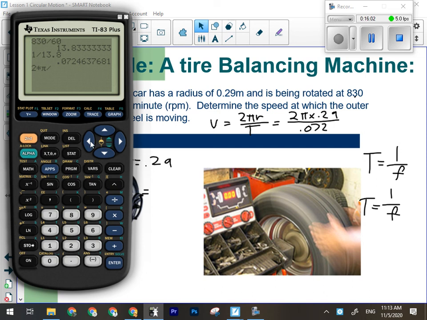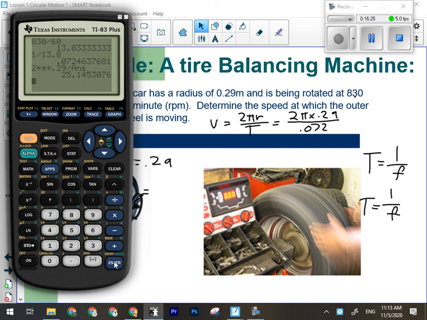Oh, sorry, I wanted to divide by my answer. So 2 times pi times the radius divided by the period. So this tire is moving at 25 meters per second.